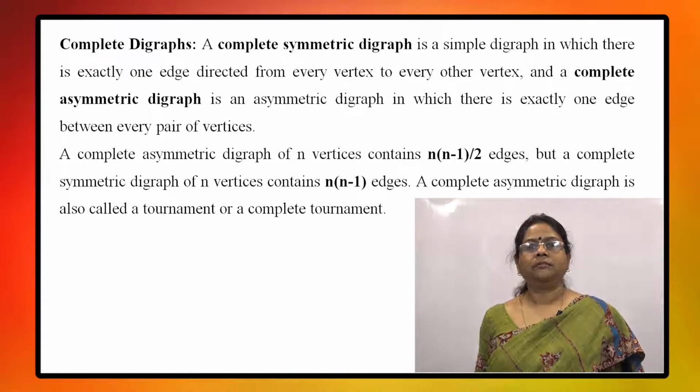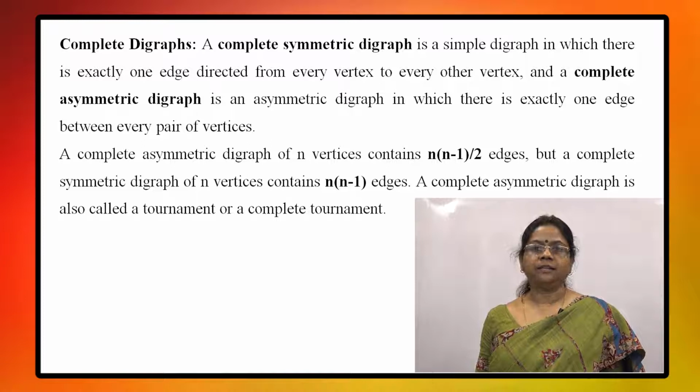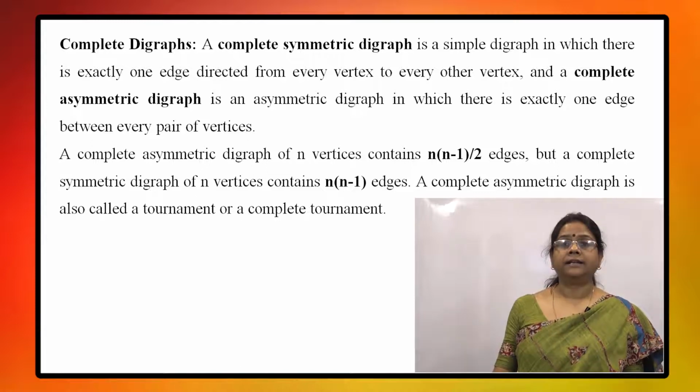So, for a complete asymmetric digraph of n vertices, we can conclude that it contains n into n minus 1 by 2 edges, that is nC2 edges, as in the case of an undirected graph.